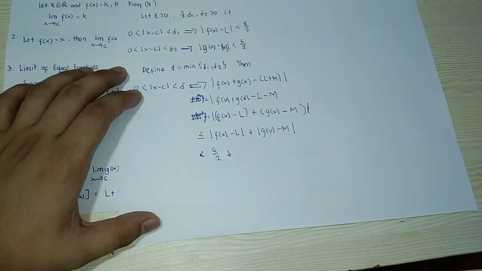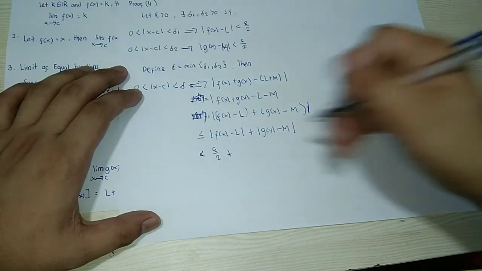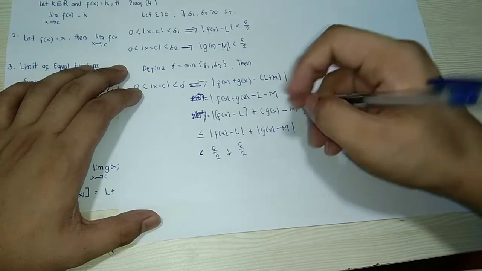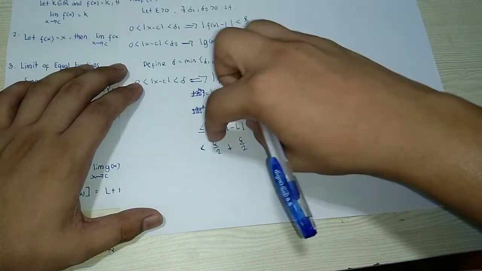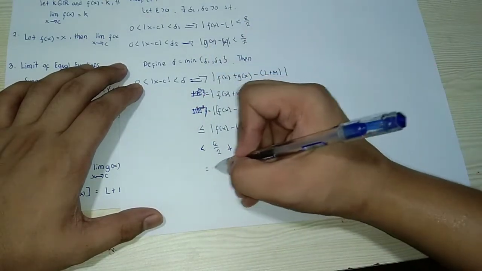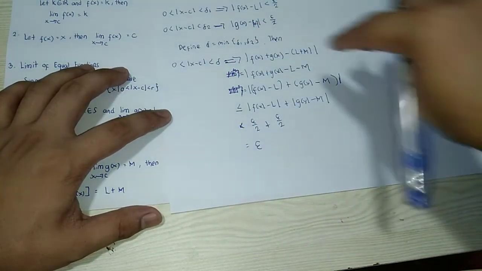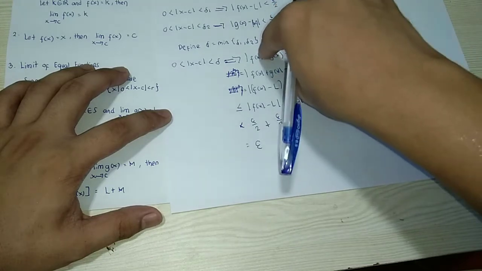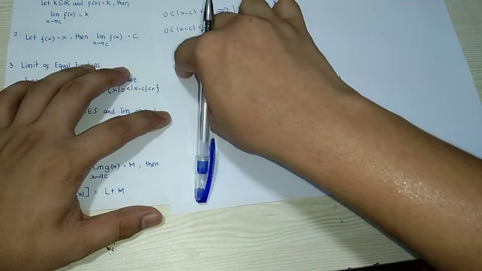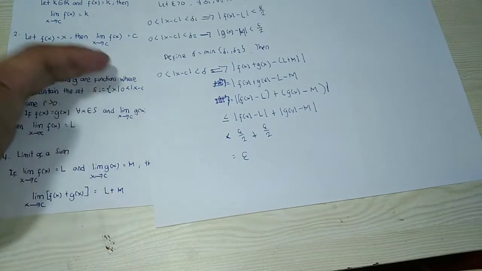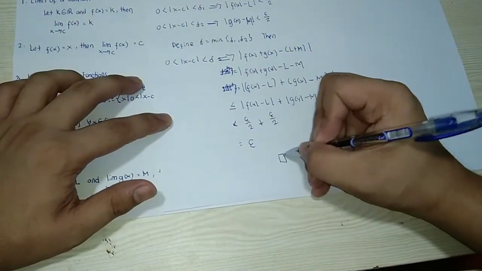Is also less than epsilon over 2. And then, epsilon over 2 plus epsilon over 2, that is equal to epsilon. So, as you can see, napalabas natin na this absolute value is less than epsilon with this assumption. So, therefore, ito na yung proof ng limit of a sum. So, this is done.